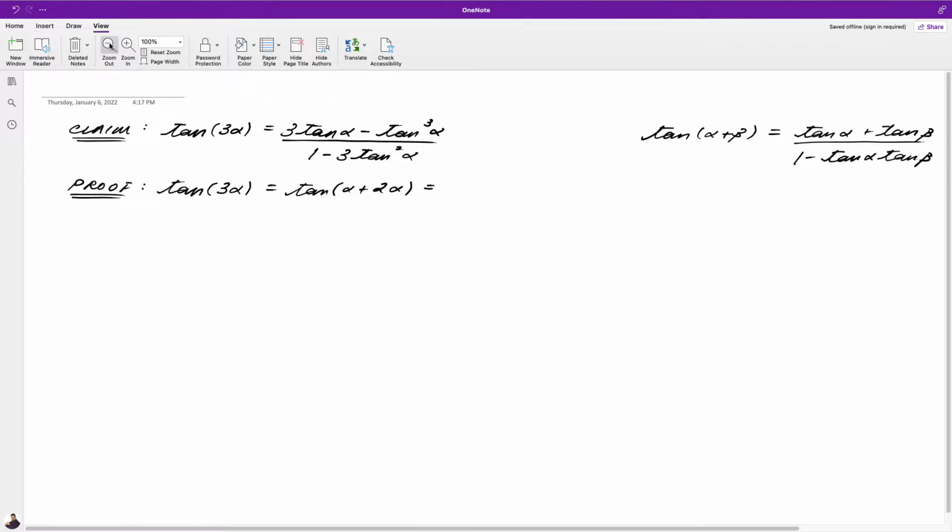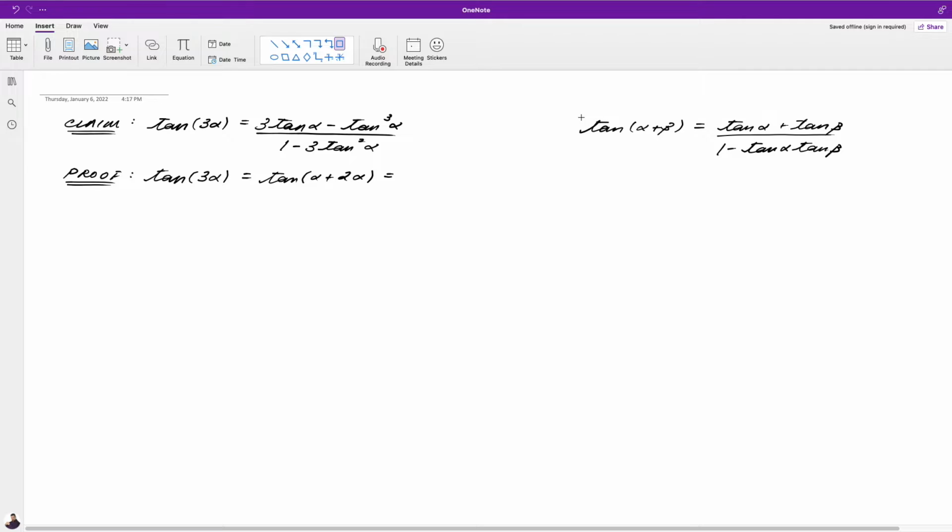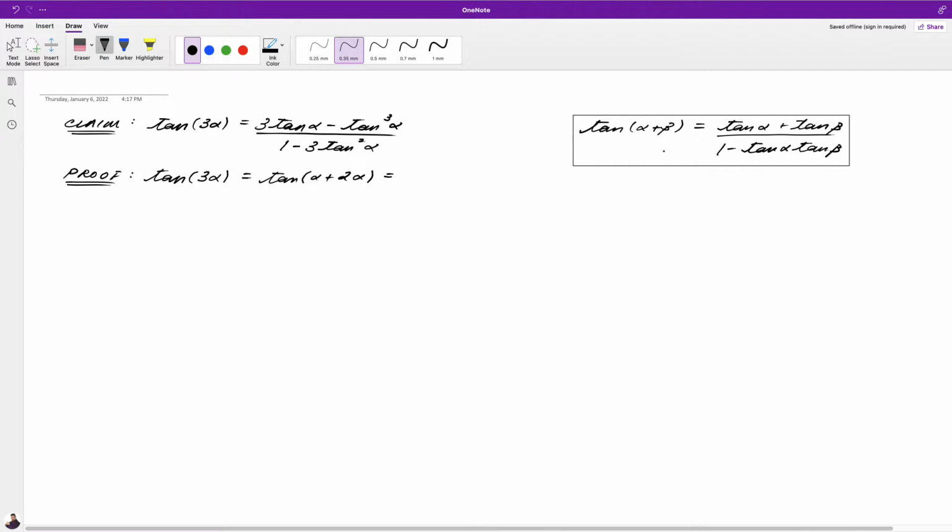Let's get this in the box. Again, if you're interested in seeing the proof for the tangent of a sum, we do have a video available for that. So please check that out if you're interested.